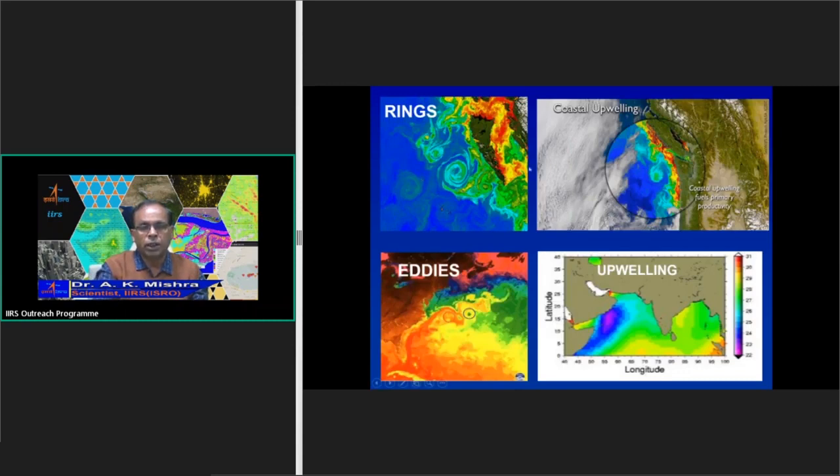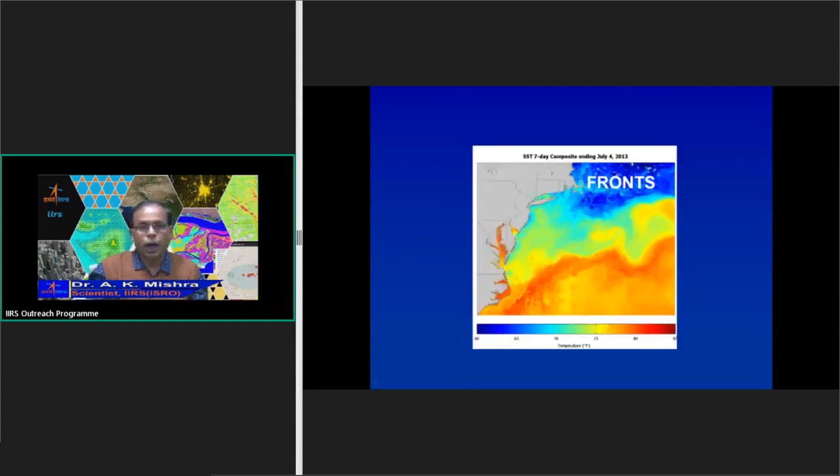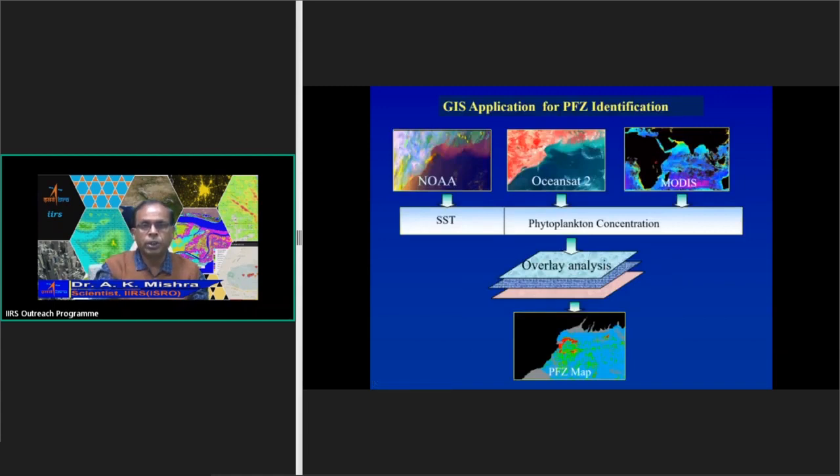So these are the zoomed out pictures of those features, and you can see the rings, coastal upwelling areas, and eddies, and the upwelling zones, etc. And easily you can find out the front, dividing the warm water and cold water, and this can be transmitted to the fisherman.